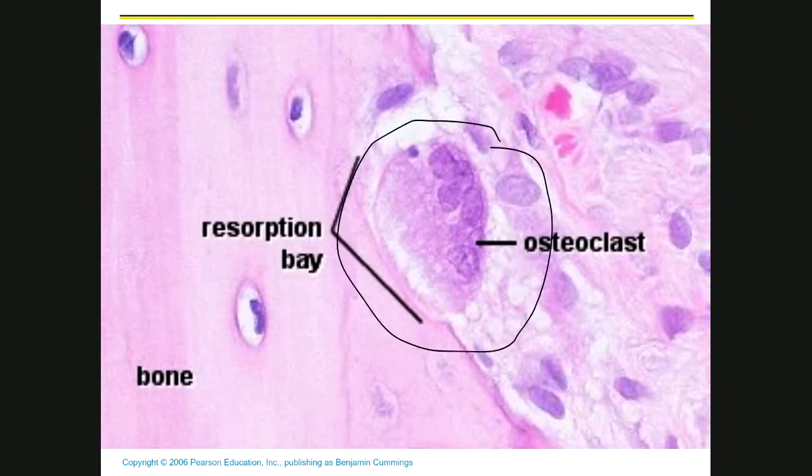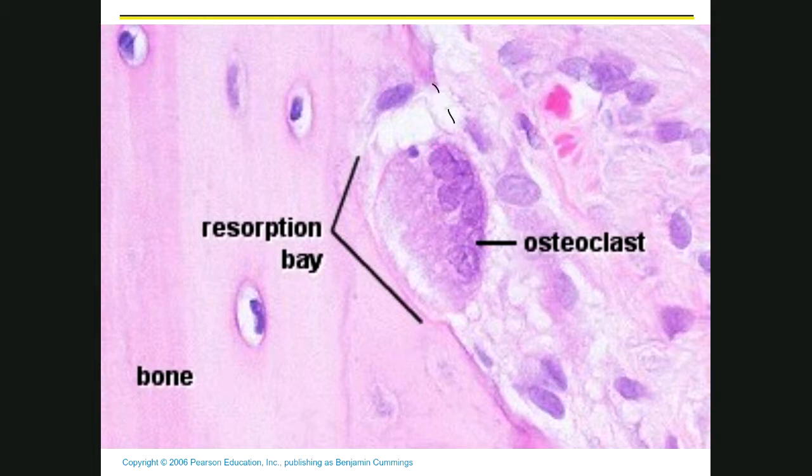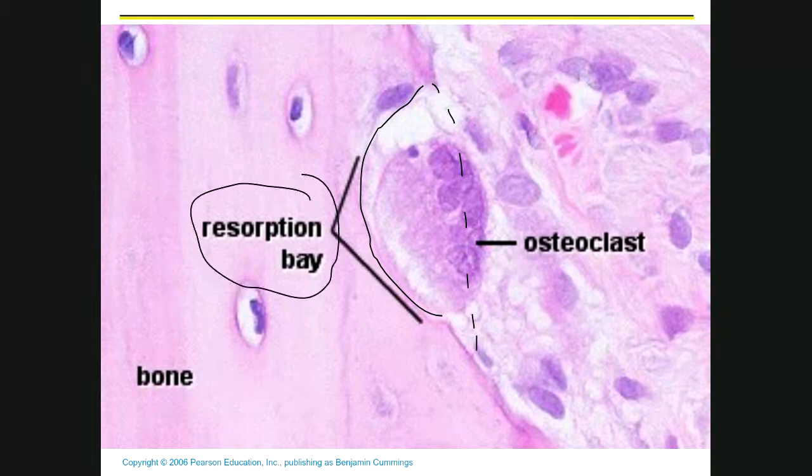And so look at this. This much of this bone, it's supposed to be like this, but look, all of that was eaten away. So we get this little indentation where it was eaten away. And if I keep eating it, it's going to get deeper and deeper and deeper.